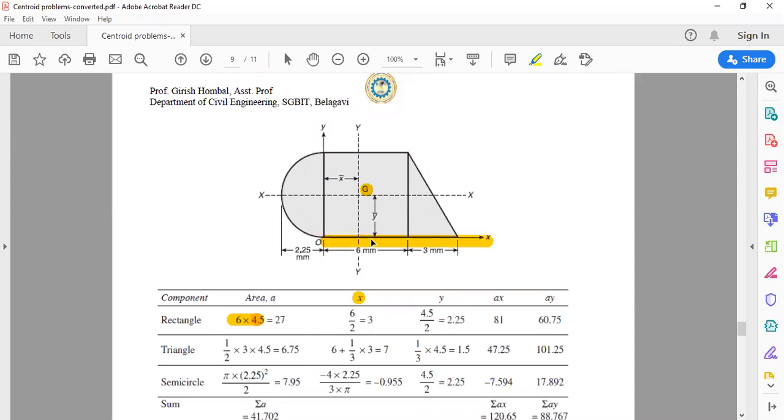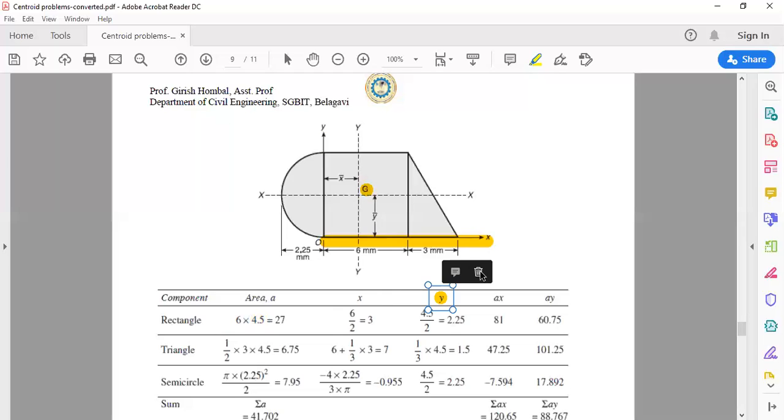The total depth is 4.5, that is 2.25 plus 2.25, so the distance between the CG and the axis is 4.5 divided by 2, which is 2.25. This is y bar of the rectangle. So we have calculated the area, x bar and y bar of the rectangle.